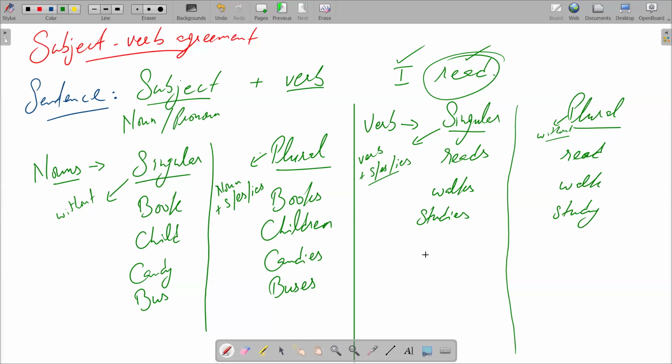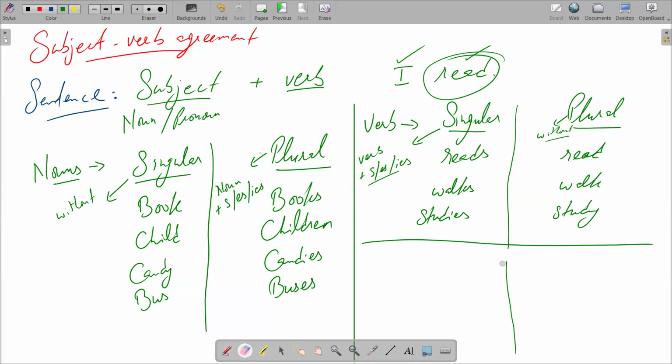Now, the agreement comes in when we are using the sentence. There are some exceptions to this, but let's get the basics right first.